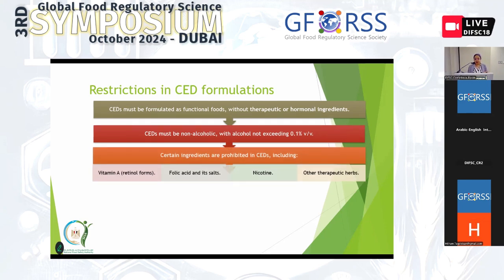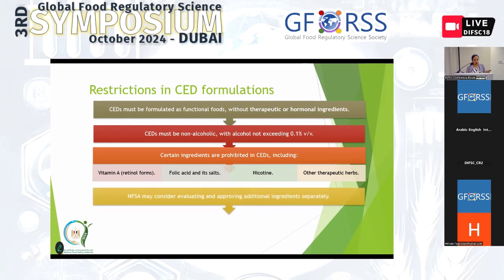These include vitamin A in the retinol form due to its teratogenic effect, folic acid and its salts, nicotine, and other herbs which might have any therapeutic effect. And NEFSA may consider evaluating and approving additional ingredients separately as provided by the owner of the energy drink.